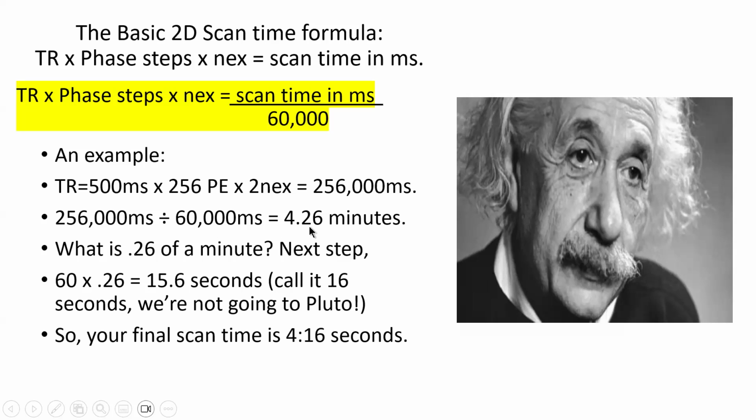It'll give you 4.26 minutes. Is that 4 minutes and 26 seconds? No, it's 4 minutes and 0.26 minutes. How do you make this into seconds? You multiply 60 by 0.26. That comes out to 15 seconds, so call it 16. This scan time is 4 minutes and 16 seconds.